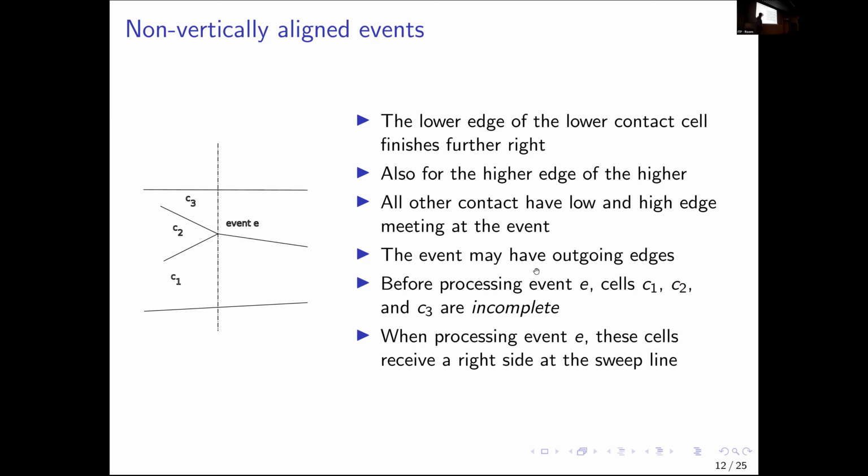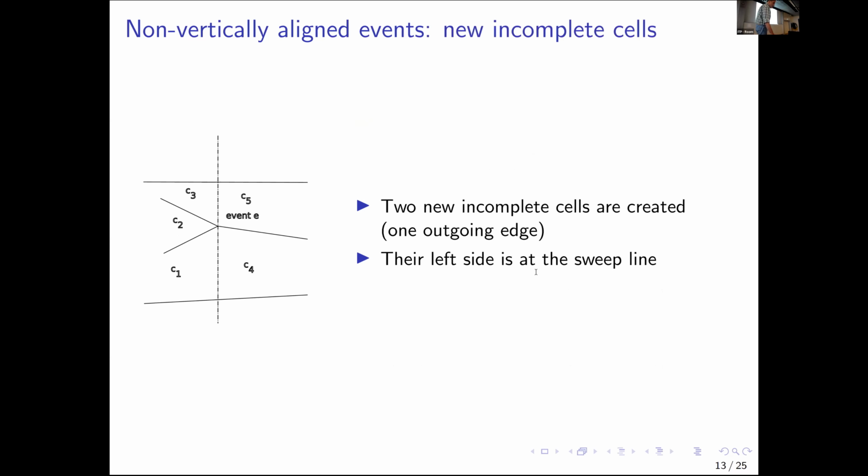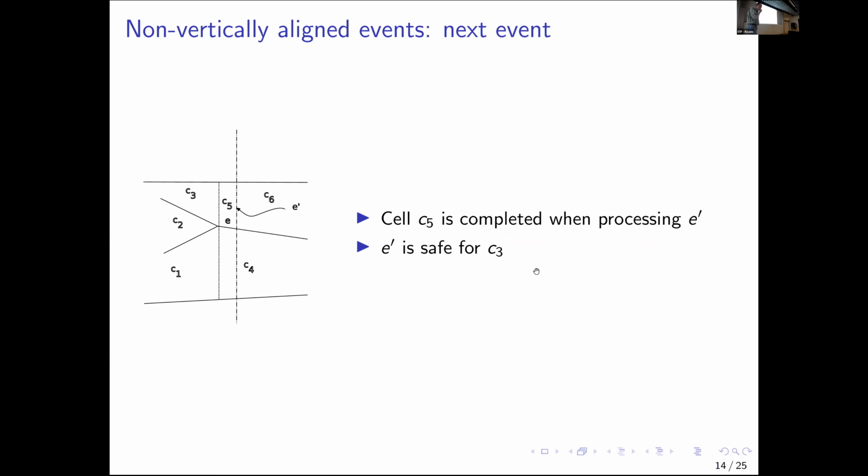Then you process what is happening on the other side. So the new incomplete cells are here, and if the next event happens to be in the middle here, then you obviously create a new cell which is not empty, and it will have one side here and one side there.